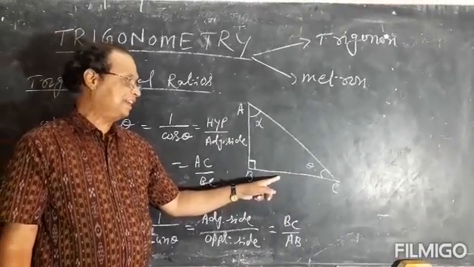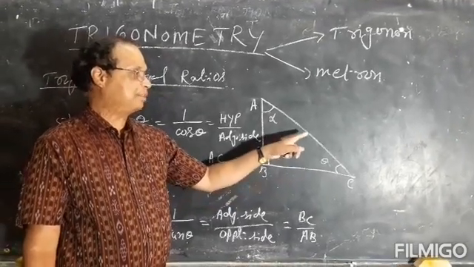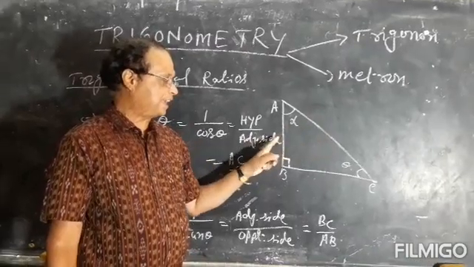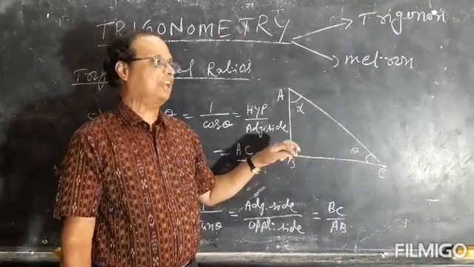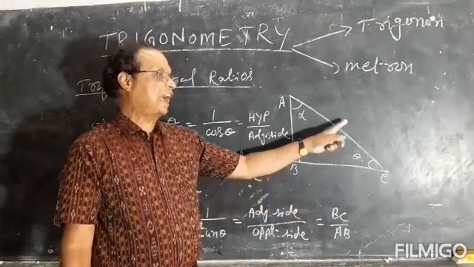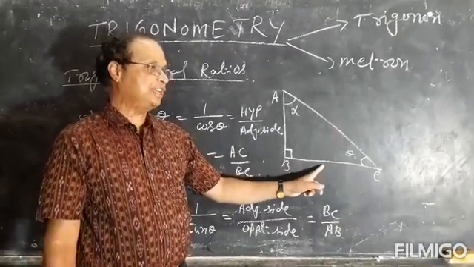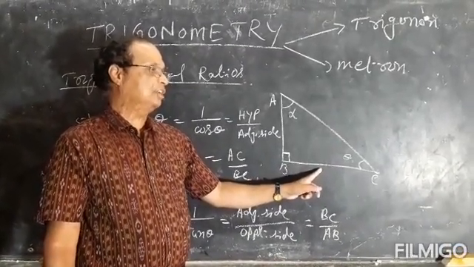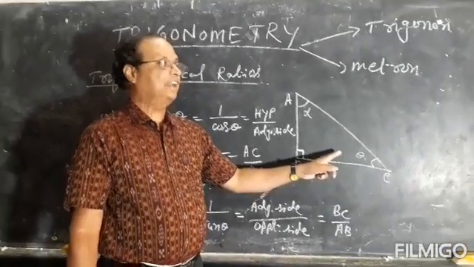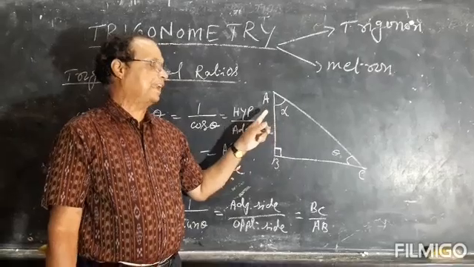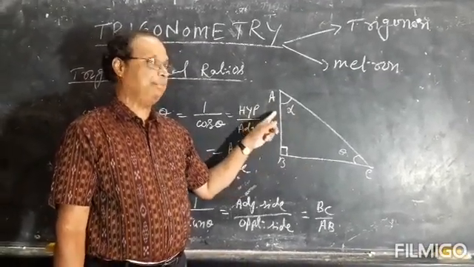Cosec theta is the reciprocal of sin theta, hypotenuse by opposite side, so AC by AB. Sec theta is the reciprocal of cos theta, hypotenuse by adjacent side, so AC by BC. And the last one is cot theta, adjacent side by opposite side, the reciprocal of tan theta, that is BC by AB.